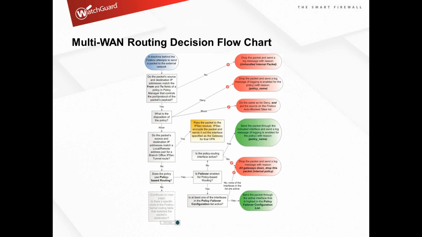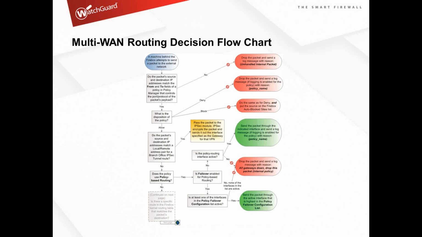So when we look at multi-WAN and the way WatchGuard handles multi-WAN routing decisions, I do apologize. I know somewhere in there it said it will not be death by PowerPoint, but I just wanted to include this in the PowerPoint so that you could reference it at a later point. The PowerPoint and presentation will be available after this webinar as well.